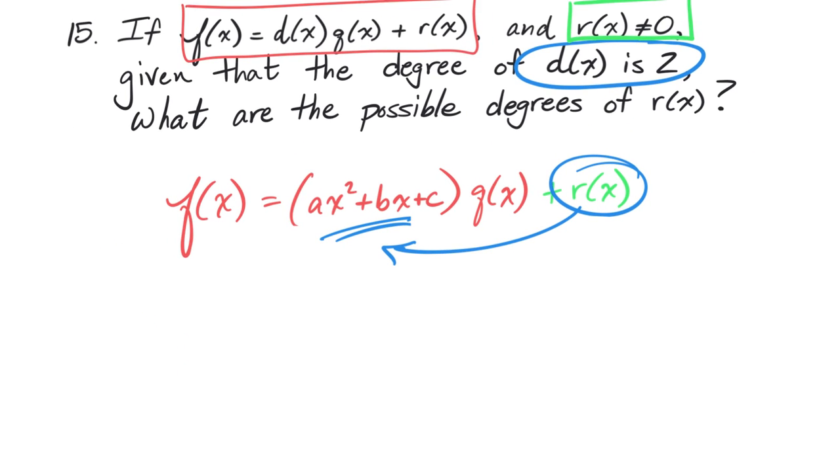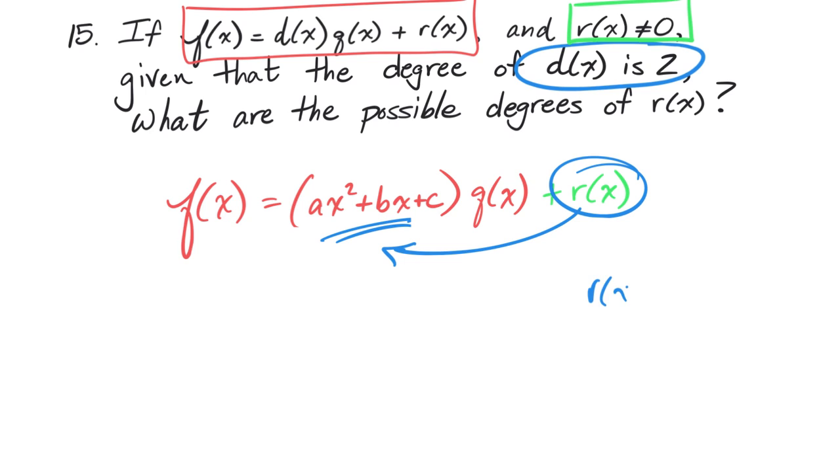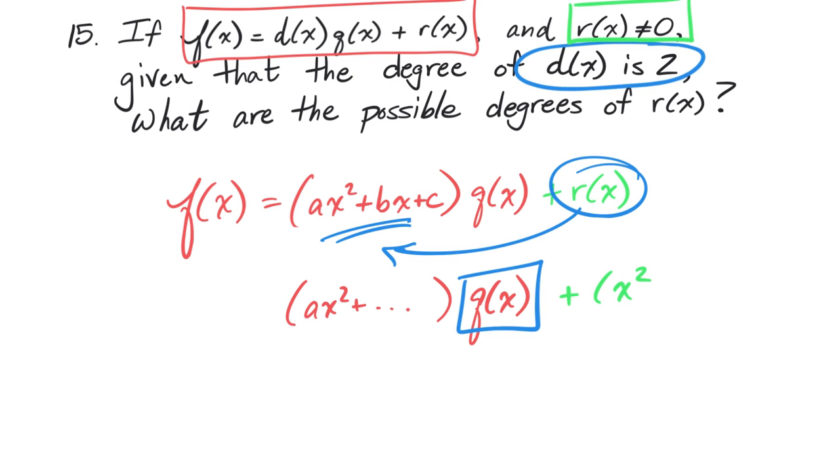So, as an example, if my r of x was degree 2, and I know that's sloppy writing, and when I divided by my quadratic here and got some answer for how many times I can multiply it, my remainder was still a quadratic, and I'll simplify it from ax squared to just x squared, I'm hoping we can see we didn't multiply it by enough.